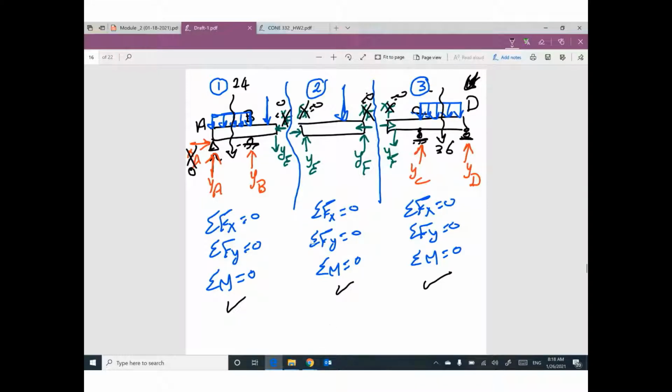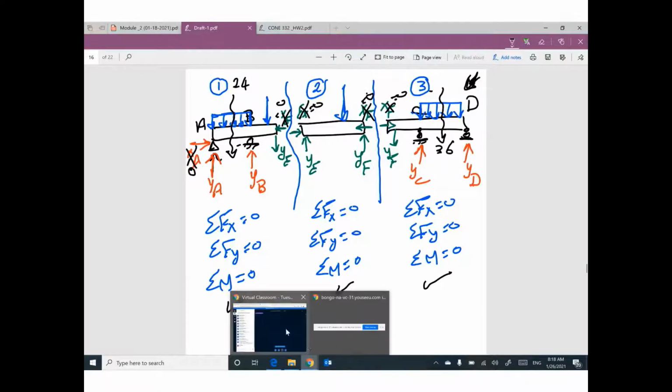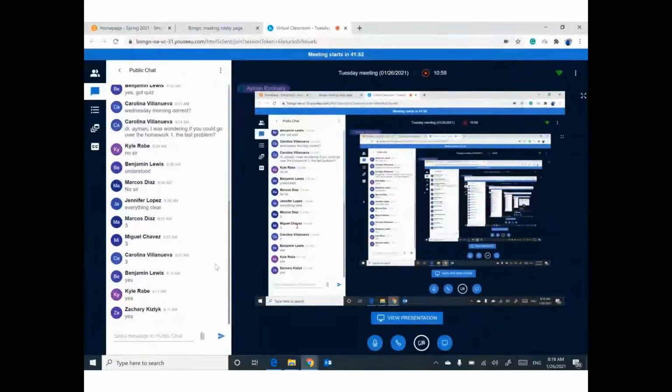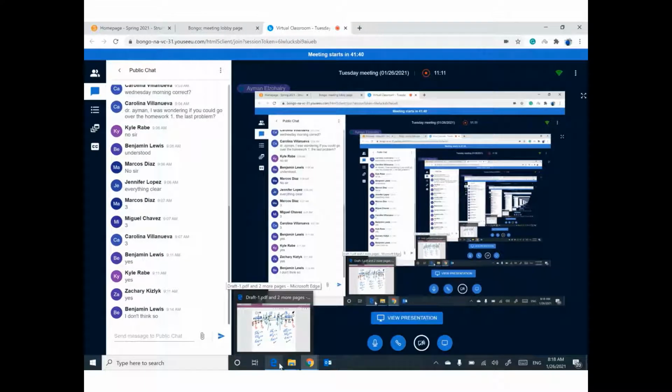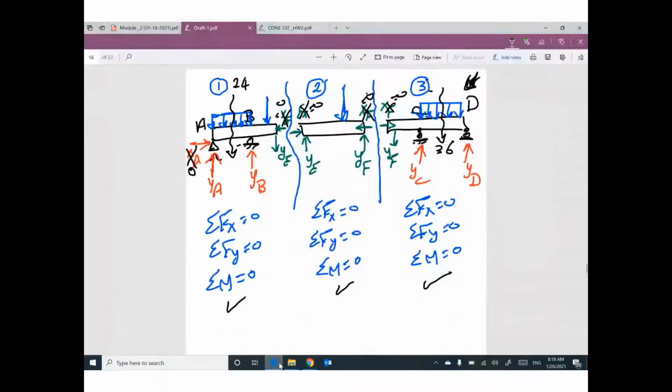Any question for this point? Any question for this example or this problem? Any question? Okay.